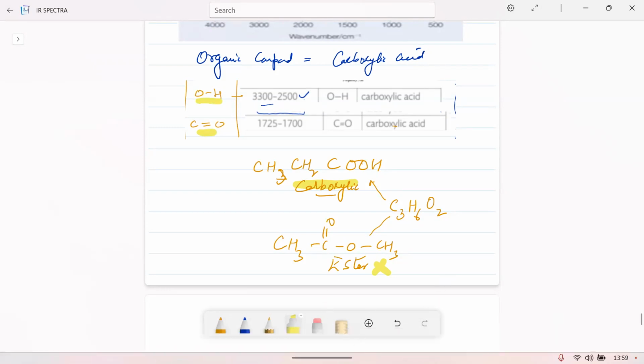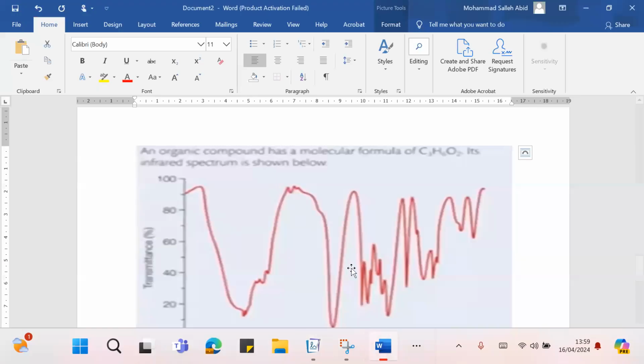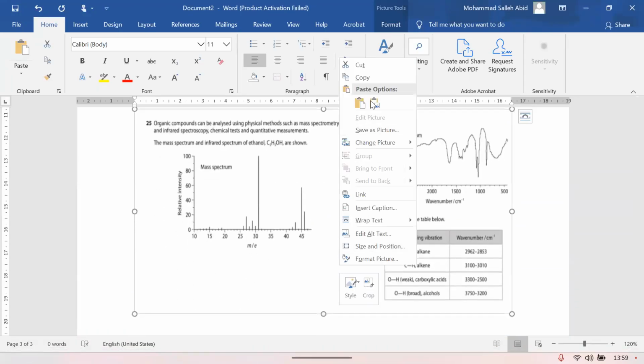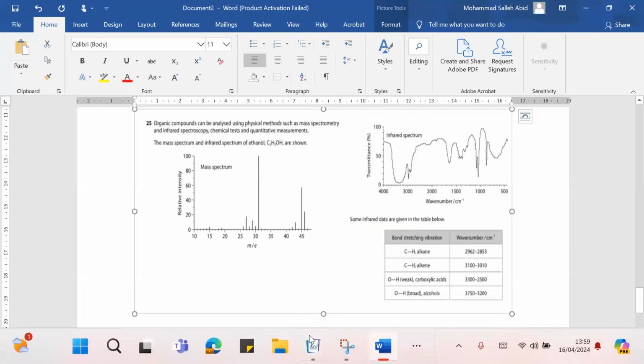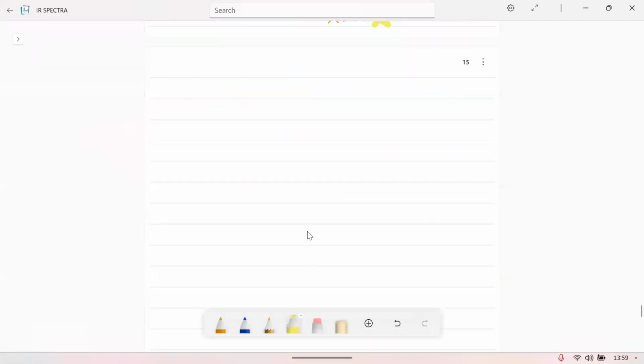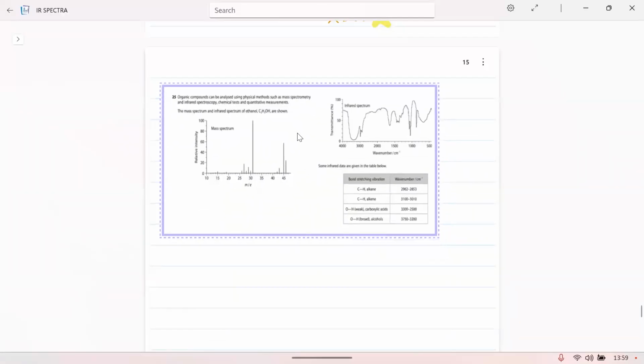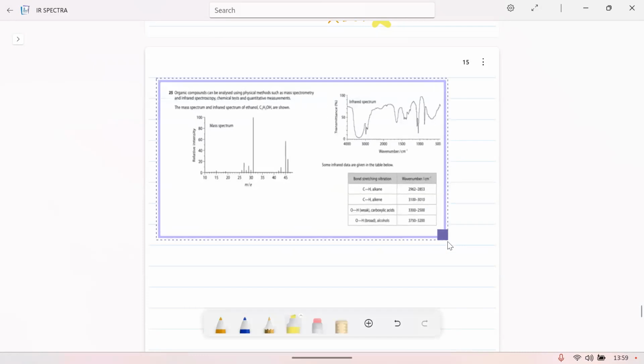Another question where they can mix both the IR and the mass spectra is here. Now, this is taken from some past paper.